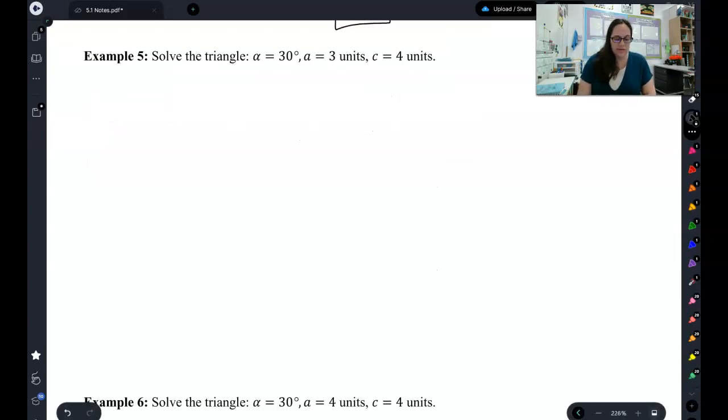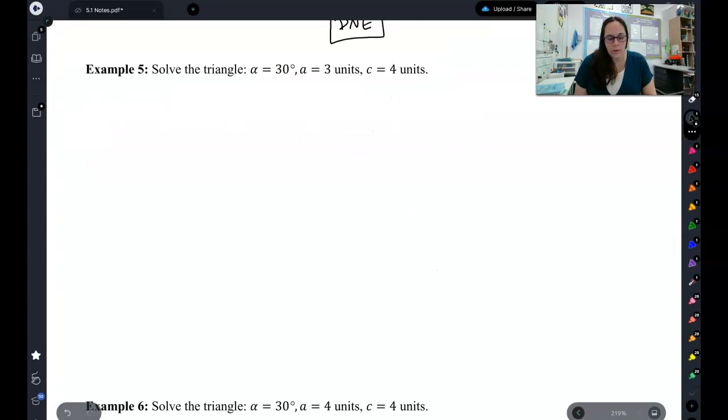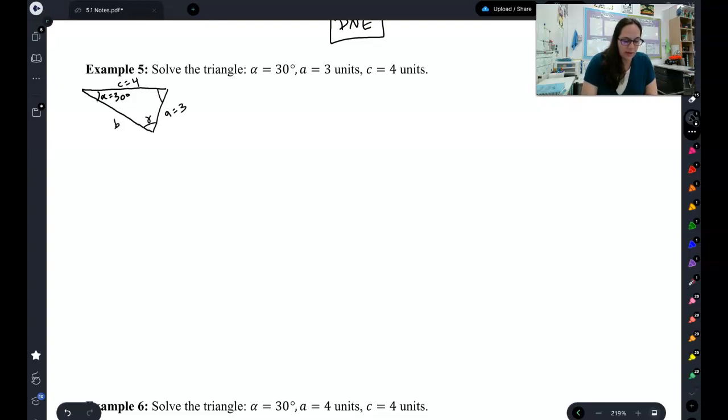Let's go back to example 5 and do one where we're not going to get DNE this time. So this is a similar problem. I start with alpha equals 30 degrees, except this time A is a lot longer. So I have A is 3, C is 4, there's my gamma, B, and my beta.